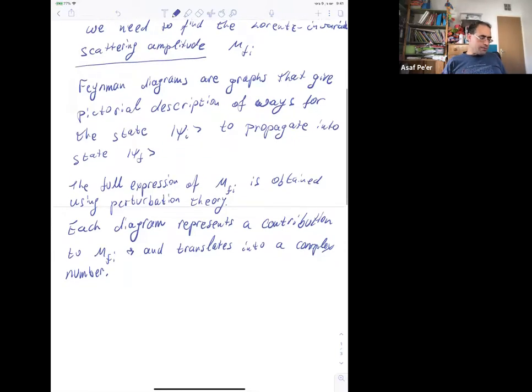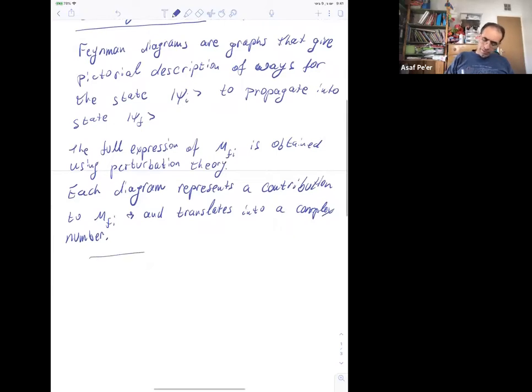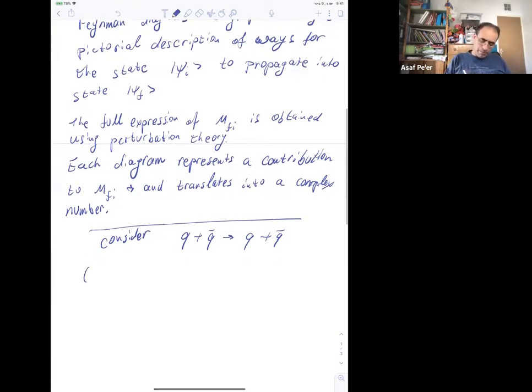So let's start with a very simple expression, right? So consider a quark-anti-quark scattering, Q plus Q bar goes to Q plus Q bar. This is an electromagnetic scattering between a quark and an anti-quark.